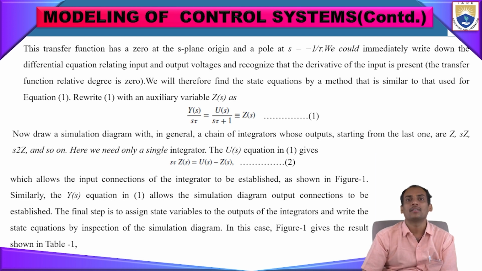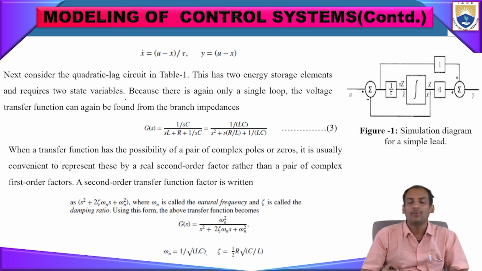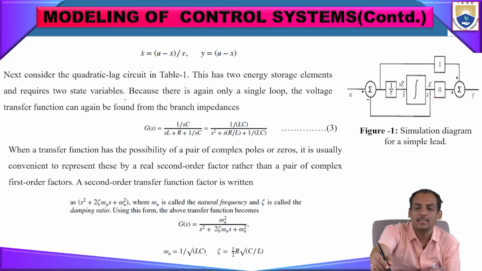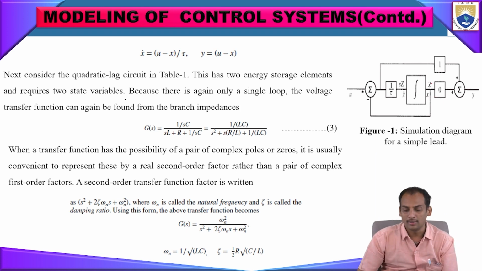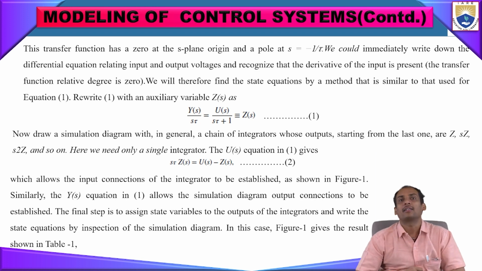The input connections of the integrator to be established are shown in the next figure. If you see figure 1, you can see how the transfer function and integrator are involved in this circuit. Similarly, the y of s in the above equation shows the output connection of the simulation diagram to be established using these conditions.